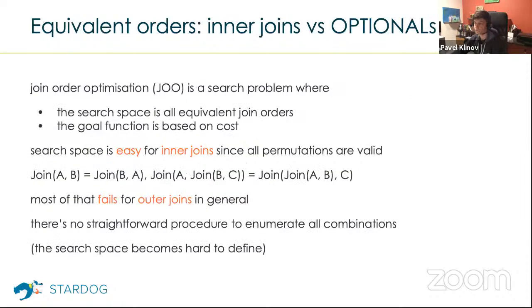So the thing about the join order optimization for inner joins is that it's a hard problem. It's NP hard. It has a huge search space. The search space is essentially all permutations, right? But for inner joins, that search space is easily structured. Every permutation is a valid join order because join, as a relational operator, is commutative and associative. You can swap the operands.